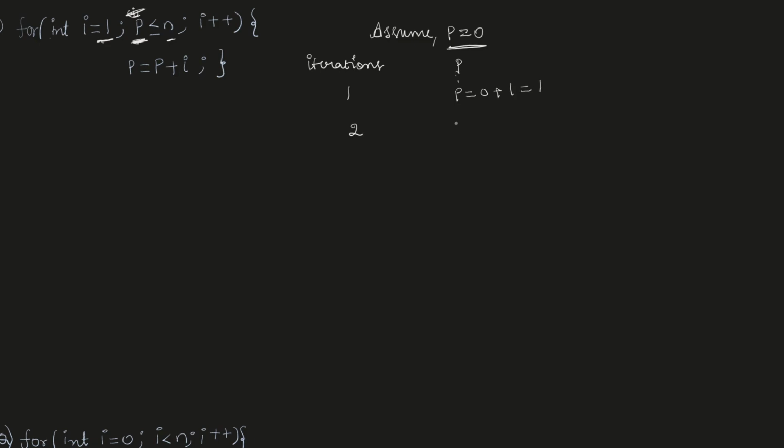In the second iteration, it becomes p is equal to 1 plus, what's the I value? It now increases to 2. So it becomes 3. You have to write the side by side values of I also. It's first 1, then it increases to 2. Next, in the third iteration, the value of I increases to 3 and the value of p now is 3 plus 3. This is the p, this is I. So it becomes 6.